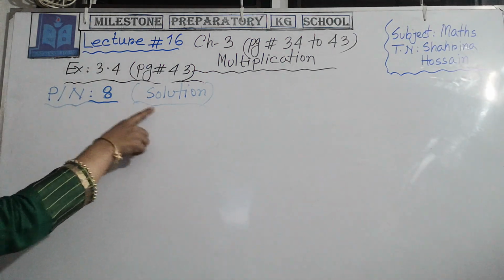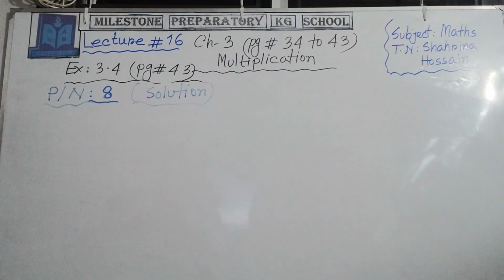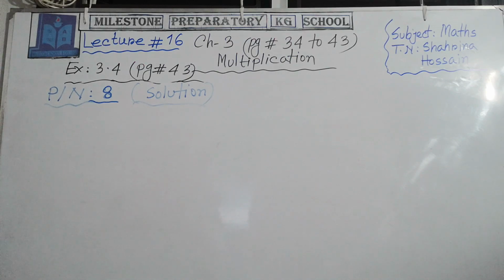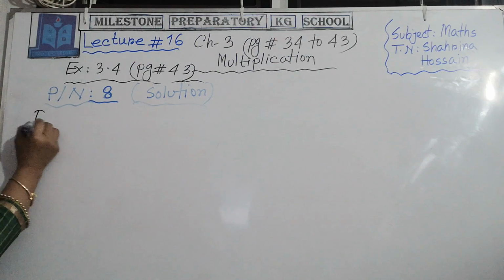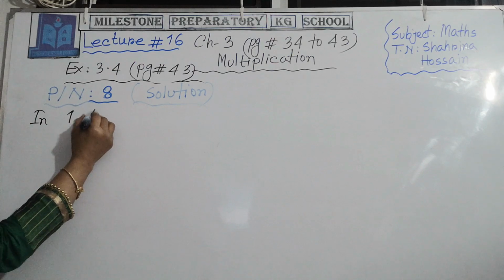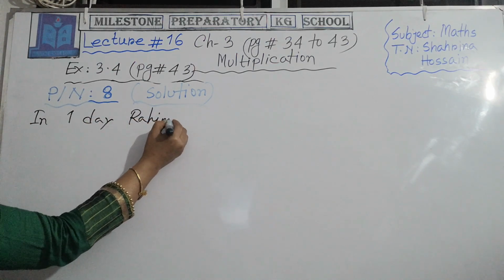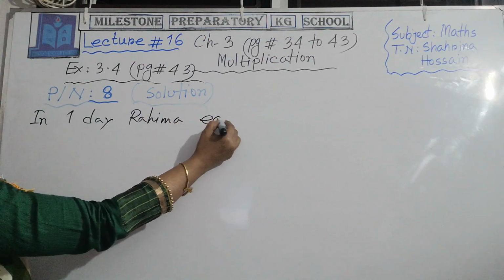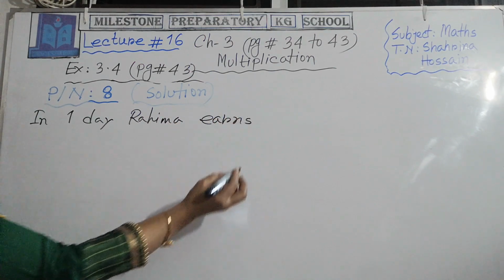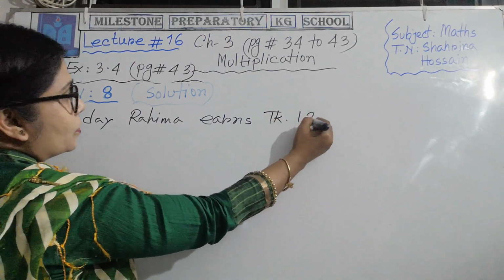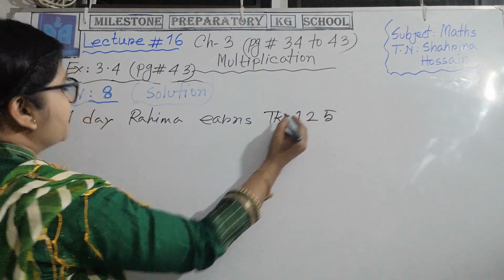Problem number 8, solution. In one day Rohima earns taka 125.